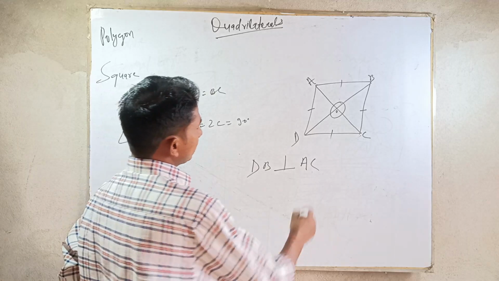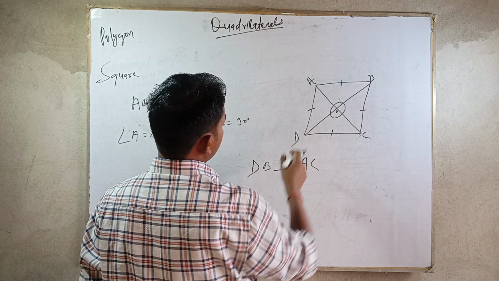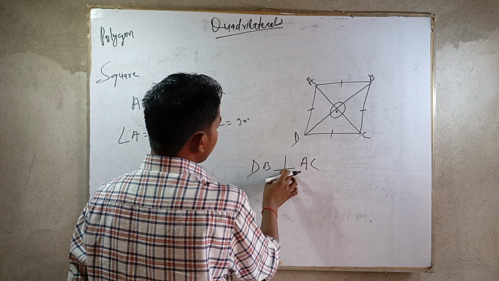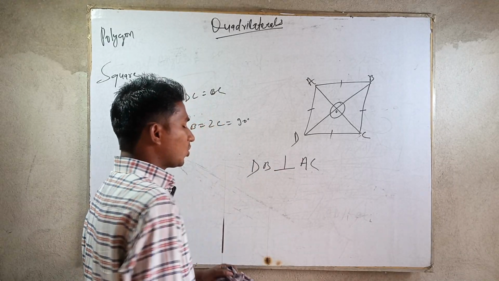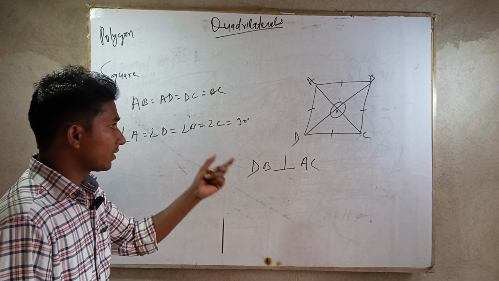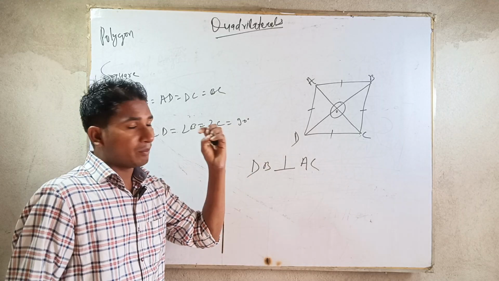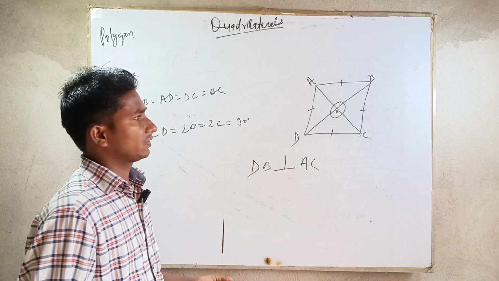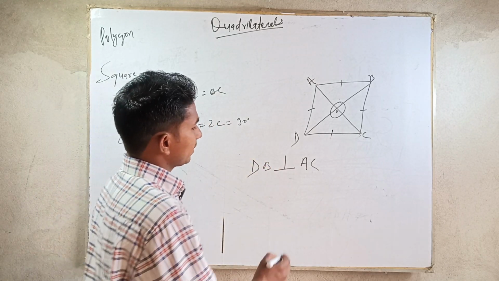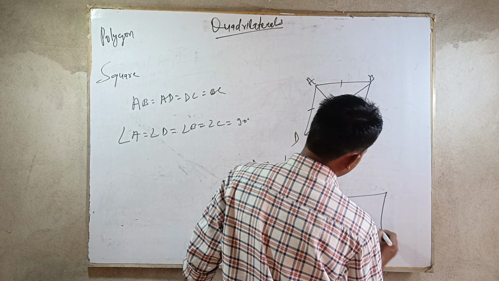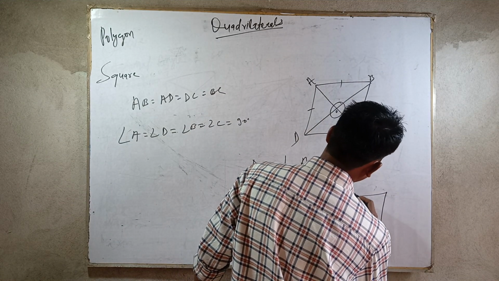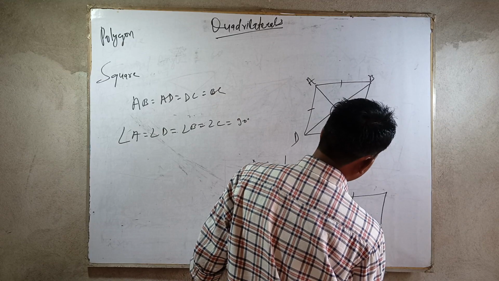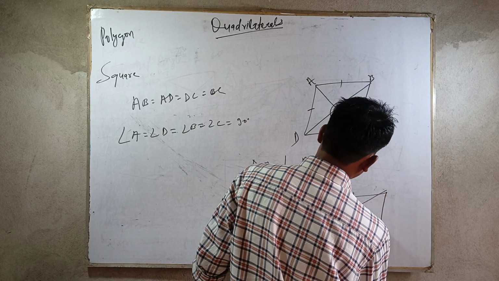In a square, the diagonals are perpendicular to each other, but in a rectangle the diagonals bisect each other, and only its opposite sides are equal.